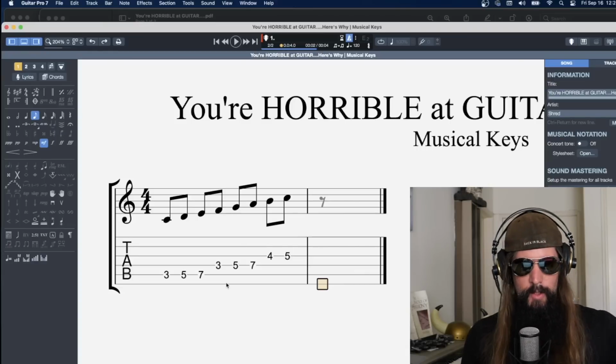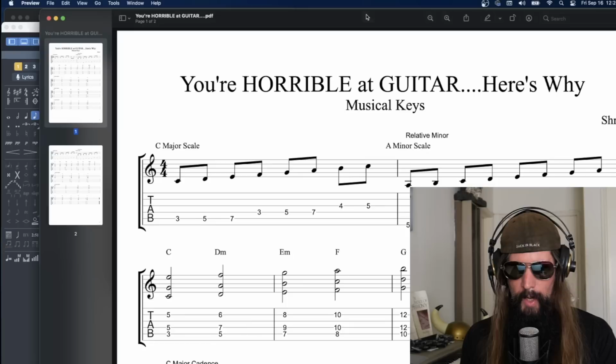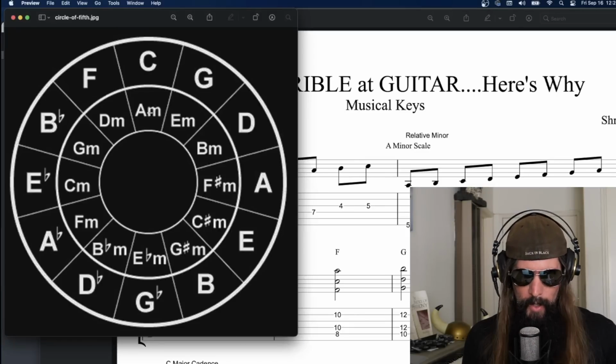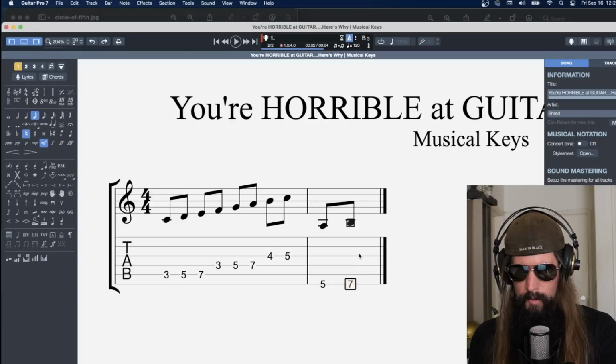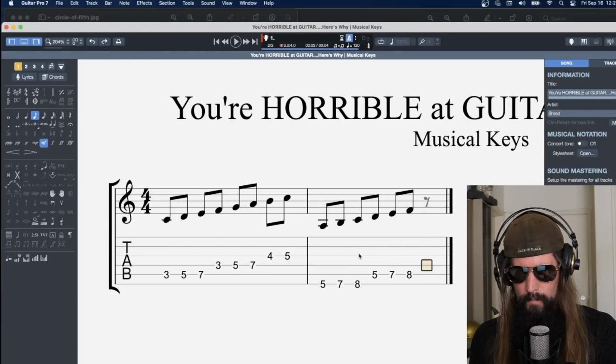So let's go over A minor. Now, before we do that, going back to the circle of fifths here, A minor is the relative minor equivalent of C major. Let's write out the A minor scale here. And there it is.